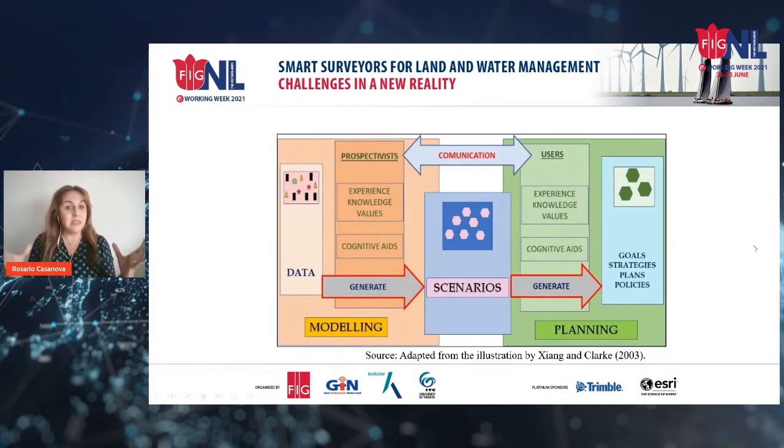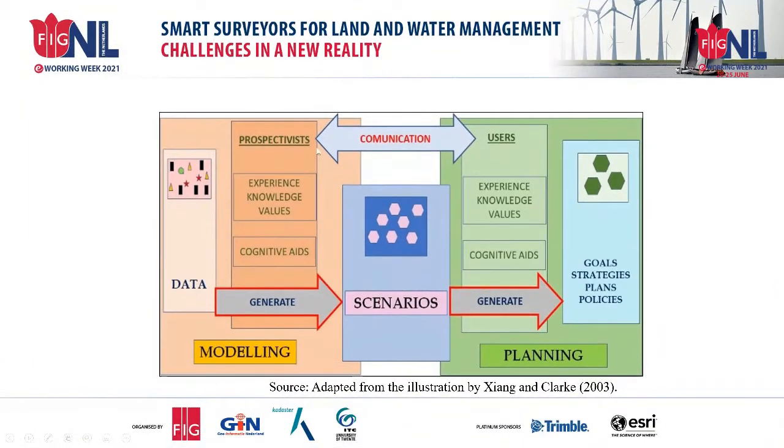The main idea is, of course, that we have all the data. With the data, we give a prospective team the means to communicate with users. That's very important when you are planning to have a continuous staff and a group working together to make decisions, in order to generate, with the data, the scenarios that will let decision makers and planners prepare the policies and the plan.